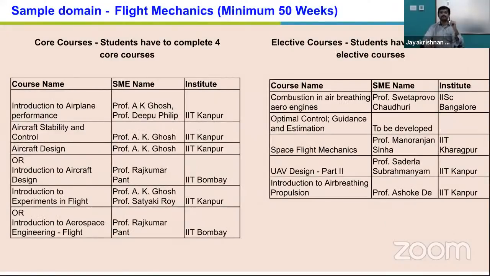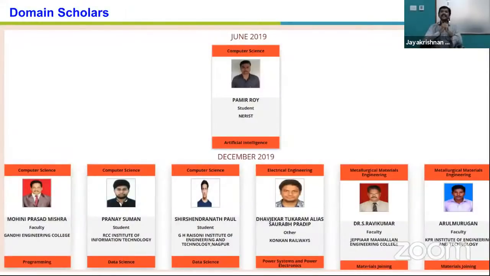For example, look at the domain scholars. The one on top, June 2019, was our first domain scholar. His name is Palmer Roy. He completed his domain certification in artificial intelligence in June 2019. While he was doing it, he was a second year student in mechanical engineering at his college.